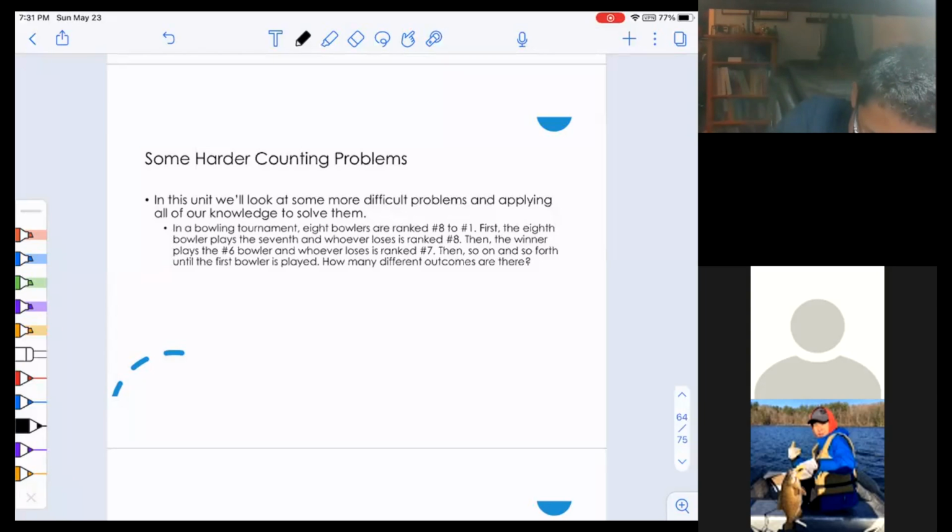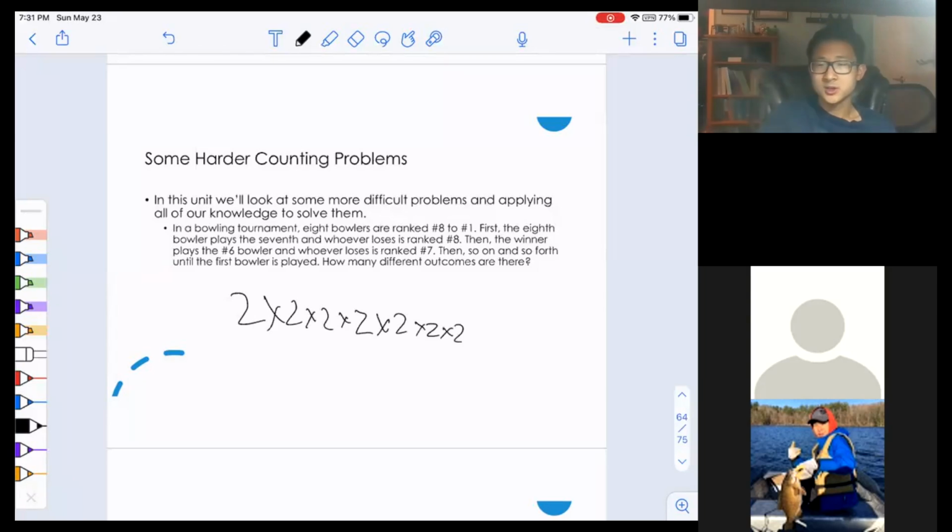So we basically have 2 times 2 times 2 times 2 times 2 times 2 times 2, since there are 8 places, but the first place just gets whoever is not the second place, so that doesn't really count. So we just have 2 multiplied by itself 7 times, and the answer is 128.